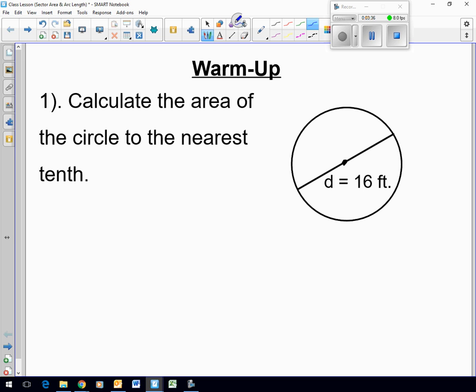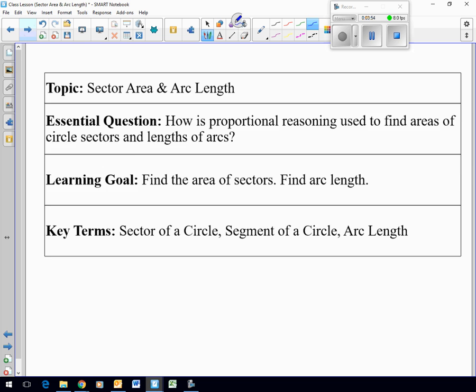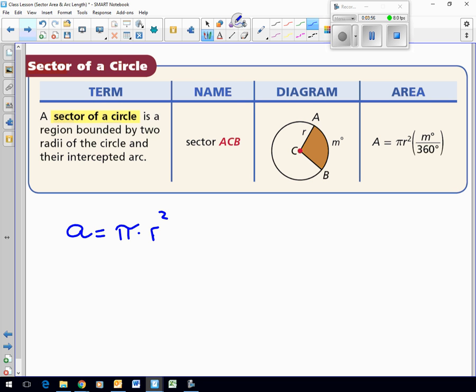How much of the circle incorporates the area? All of it! All of the circle, right? And we're thinking about all of the circle. How many degrees are in all of a circle? 360 total degrees, right? There are 360 total degrees, okay?